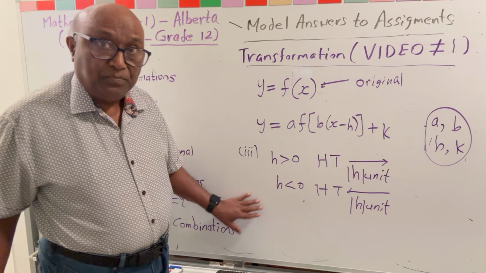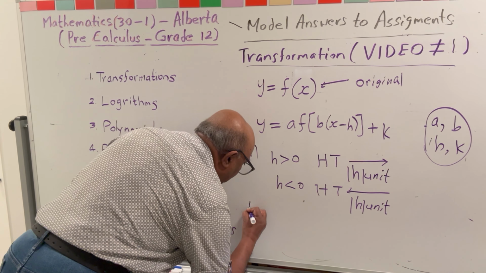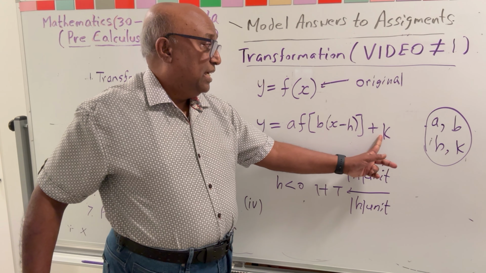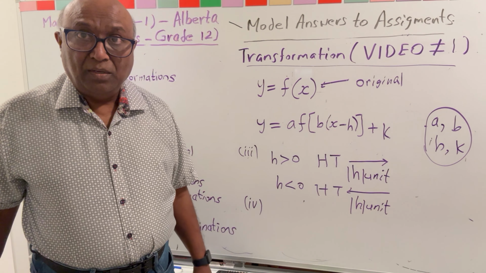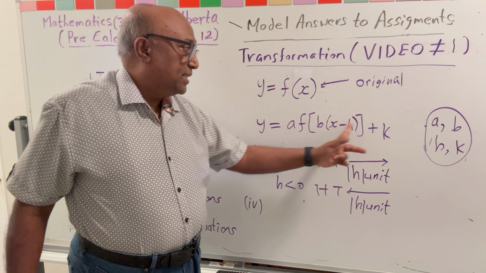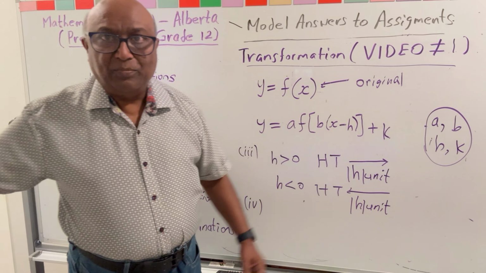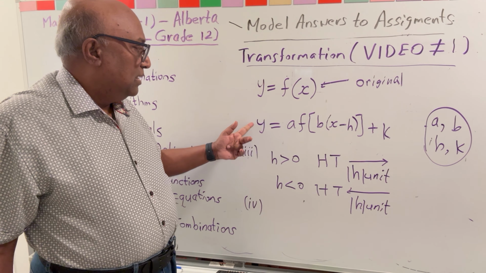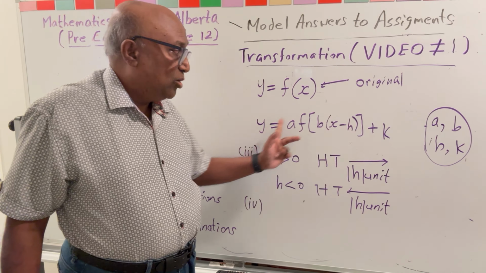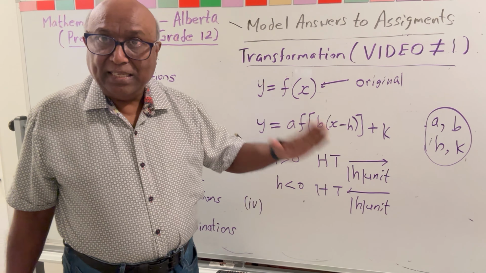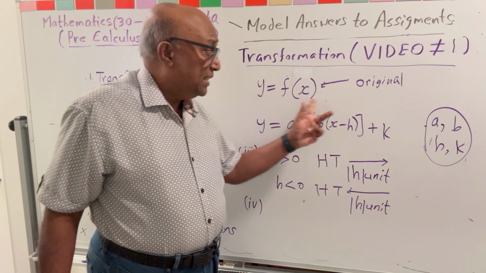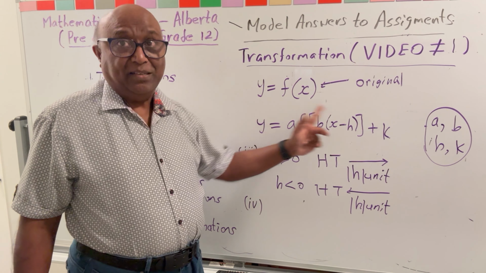That is one thing. The other thing is number 4, the effect of k. If k is positive, but you have to be careful in order to say this, you have to arrange this k on the right side. Sometimes purposely, if the question has k on the left side, before analyzing this you have to move k to the right side. That means in order to analyze the effect of this transformation, it is easy if you rearrange the equation exactly in this manner.